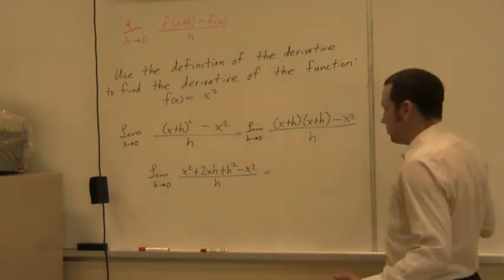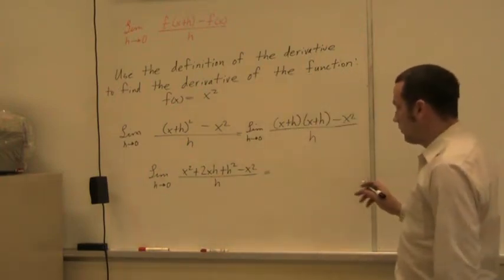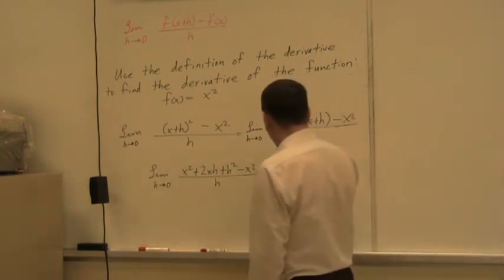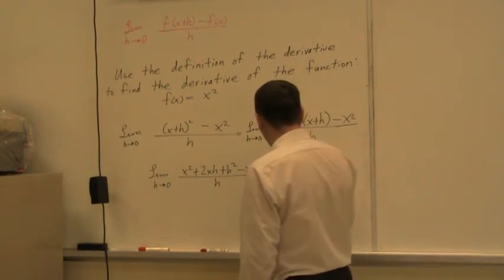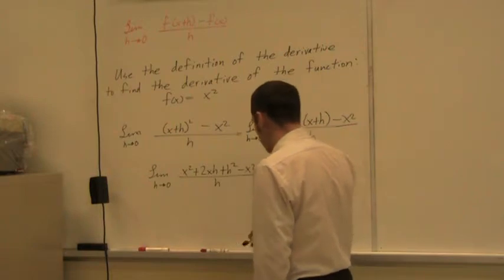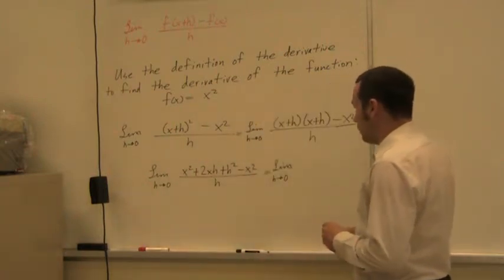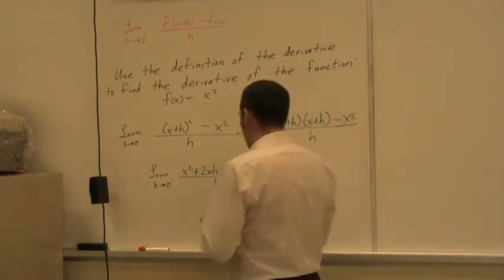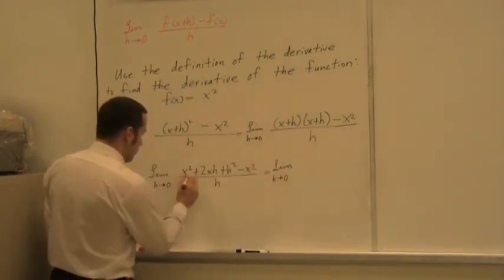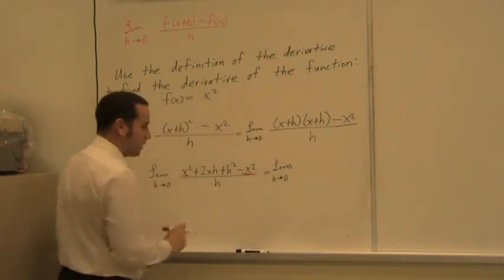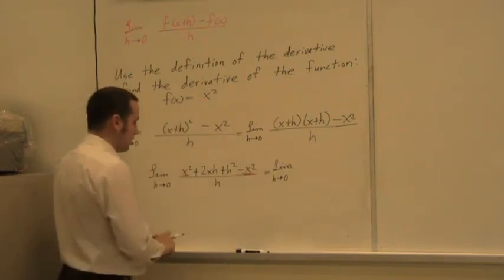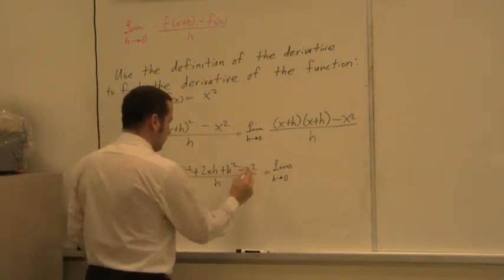So now it's all multiplied out. I'm going to simplify it as much as I can. In the numerator, I've got a positive x squared here and a negative x squared here that are going to cancel out with one another. So these are gone.